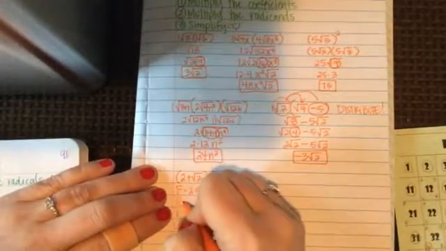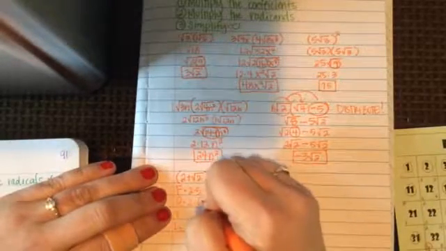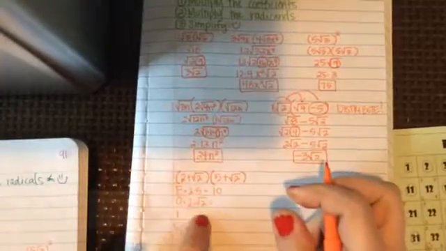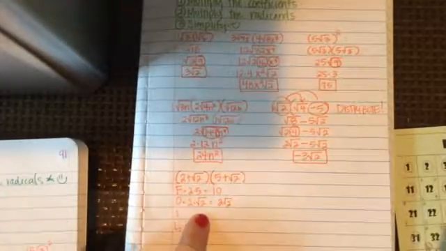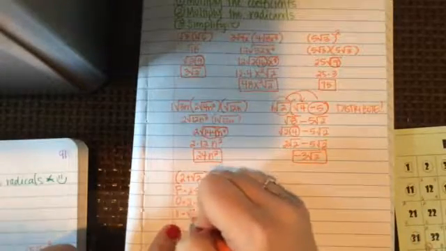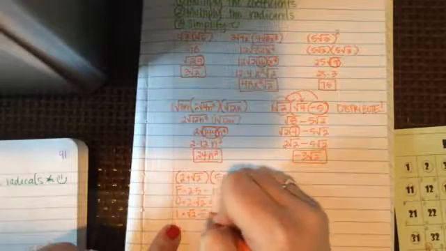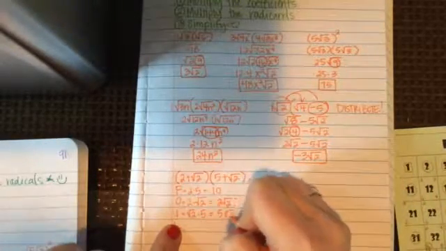Outside, that was 2 times radical 2. 2 times radical 2 is 2 radical 2. I is inside, so that's radical 2 times 5, which is 5 radical 2, right?